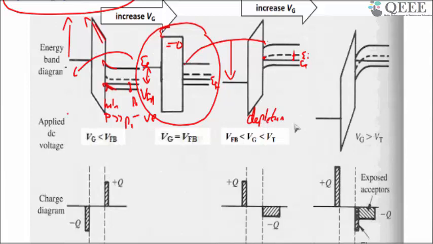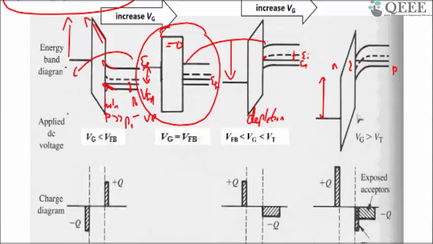If you keep on increasing the bias, for a large positive VG, your intrinsic level and the Fermi level is still continuous because there is no current flowing through the system. Your EC, EI and EV both bend down. For some biases, the EI bends so much that it goes below EF. So this EF is now above EI, which means it's like an N-type semiconductor, but its bulk is still P-type.